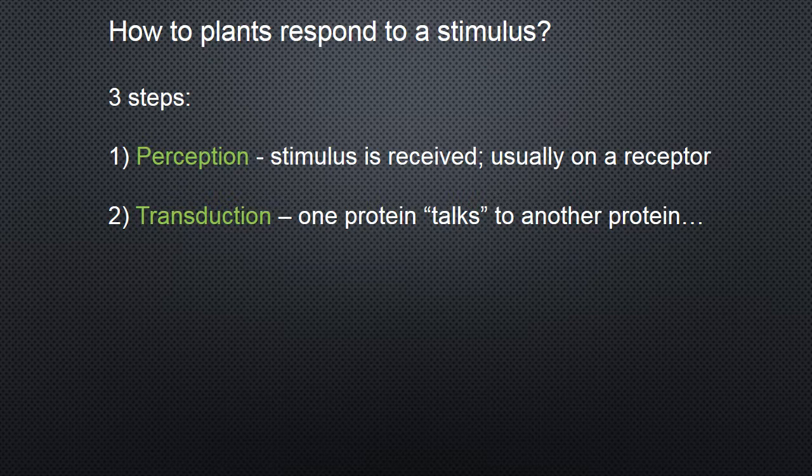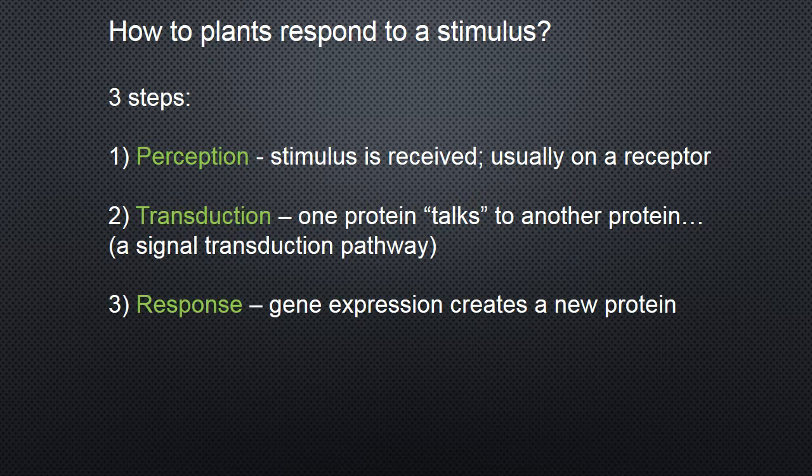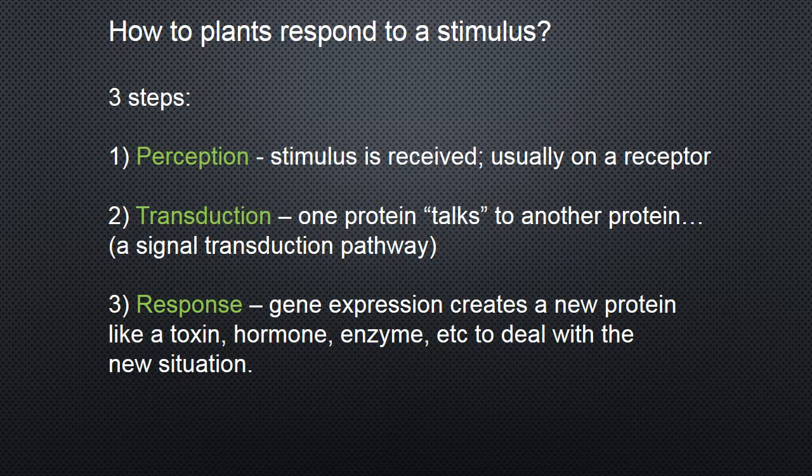For me, transduction is like the chain reaction that happens after the perception and before the third portion, which is the response. The response is a gene expression that creates a new protein or allows for that tropism growth to occur. So perception, transduction, and response. Those are the 3 different steps for how plants respond to stimuli.